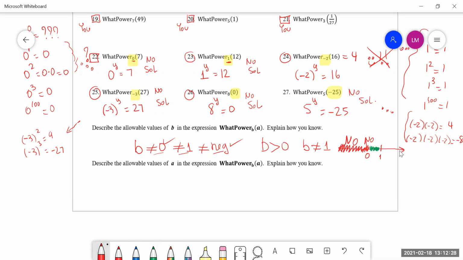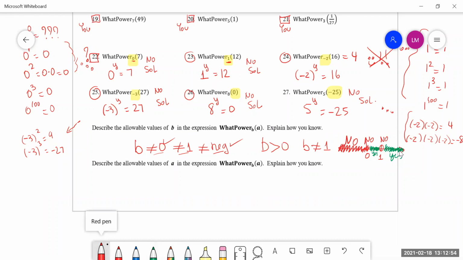When I get to number 1, nope, we don't want that either. And then I can have a bunch of positive whole numbers to be my base. So yes, my base can be positive, yes, my base can be a fraction, but it cannot be 0, negatives, or 1. That's for the base. And we saw examples where the base was fractions, right?